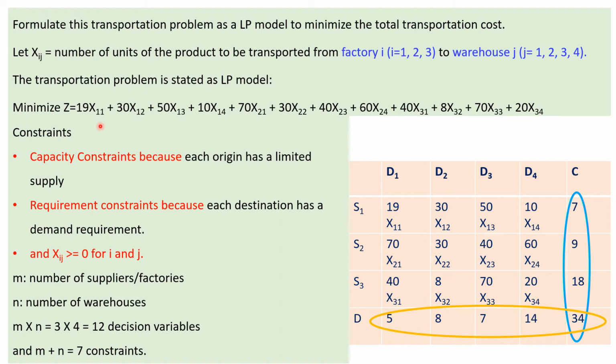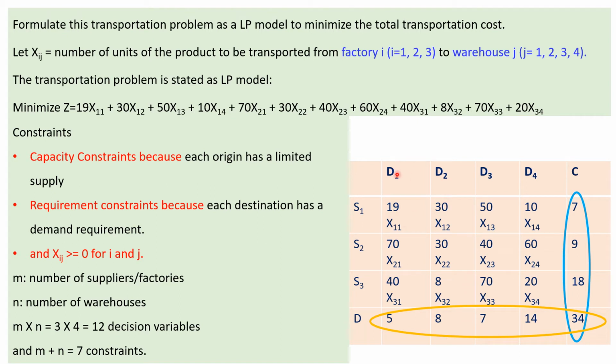And subject to the constraints, as we previously said, we have two types of constraints. That is the capacity constraint, because each origin has a limited supply. For example, S1 has only a capacity of 7, S2 9, and S3 is 18. So we have 3 supply constraints, and we also have requirement constraints, because each destination has a demand requirement.